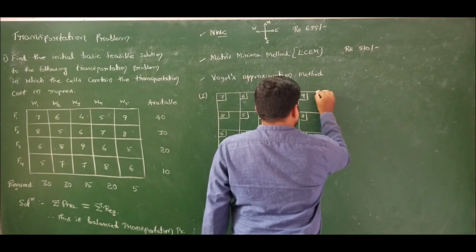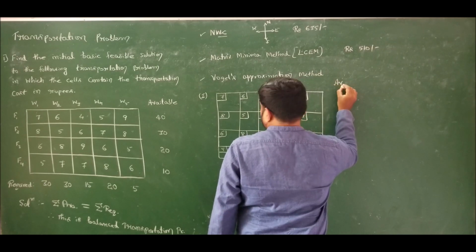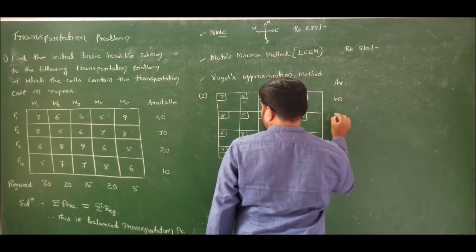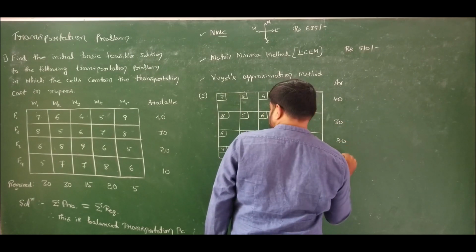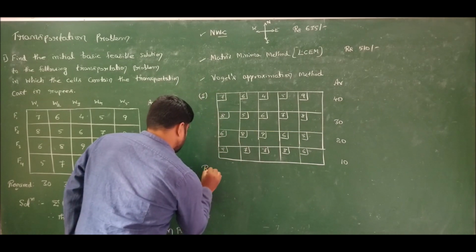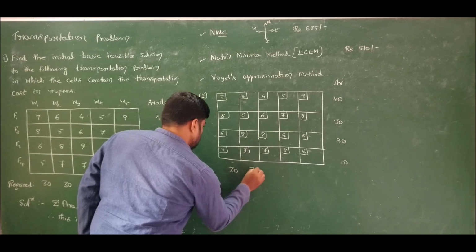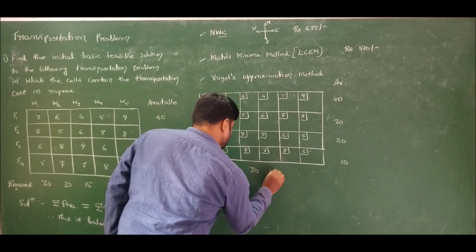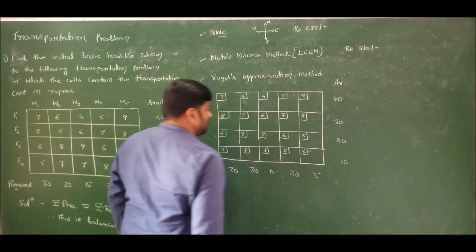Here we have the supply, that is availability, as 40, 30, 20 and 10. Here we have the requirement as 30, 30, 15, 20 and 5.